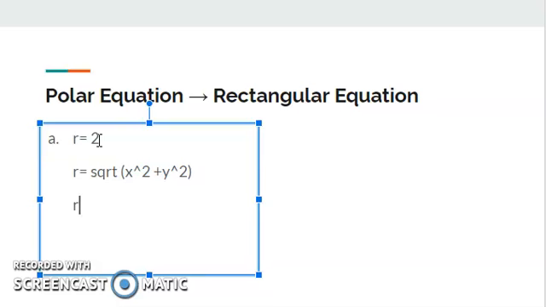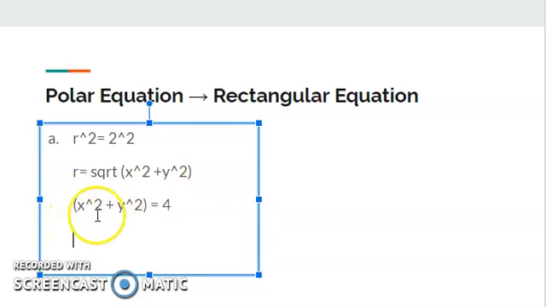In order to get rid of the square root, we are going to have to square both sides. So r squared is equal to 2 squared, and this means that r squared is going to be equal to x squared plus y squared. x squared plus y squared equals 4.